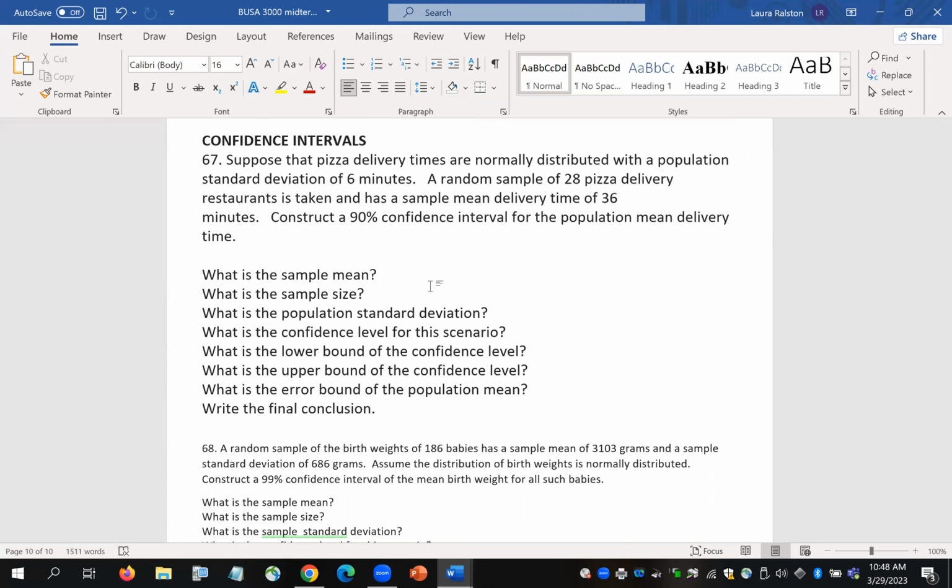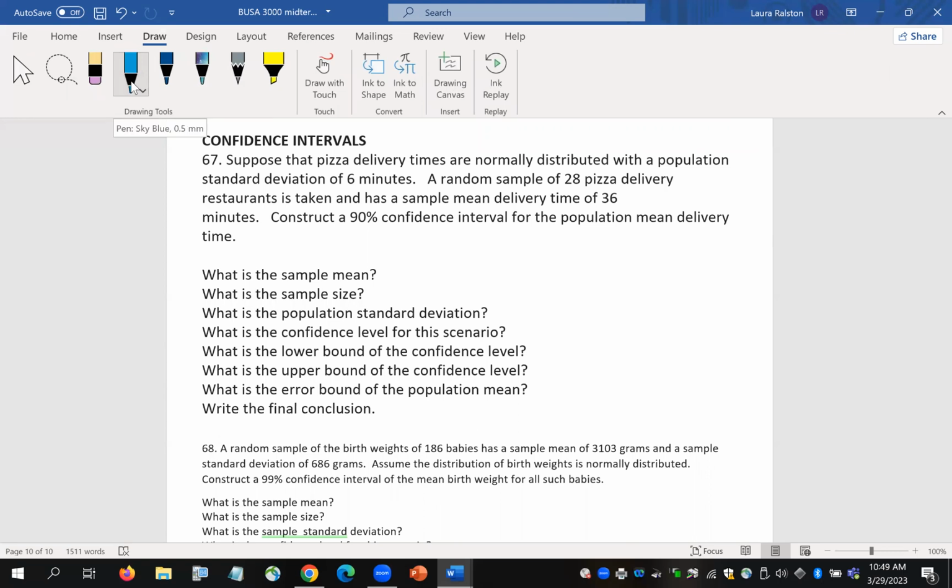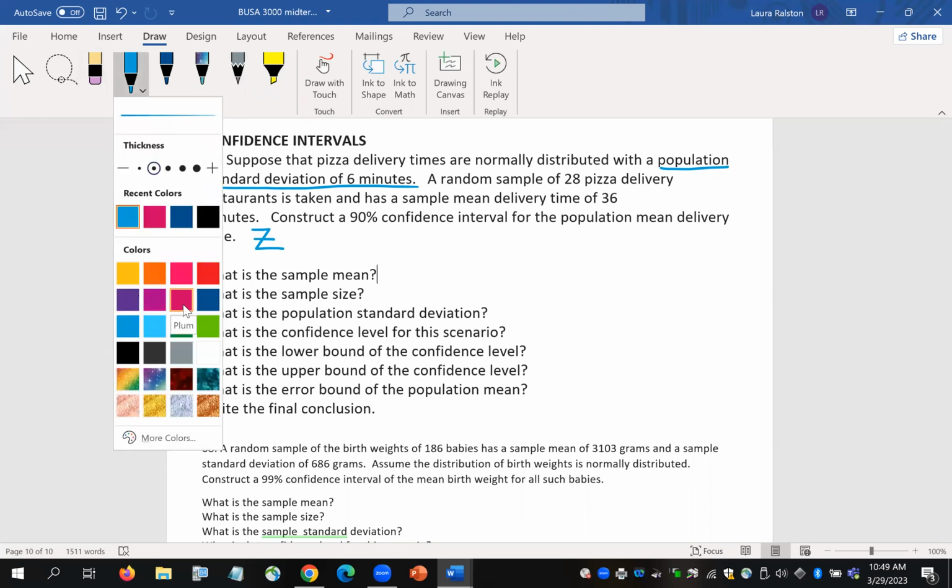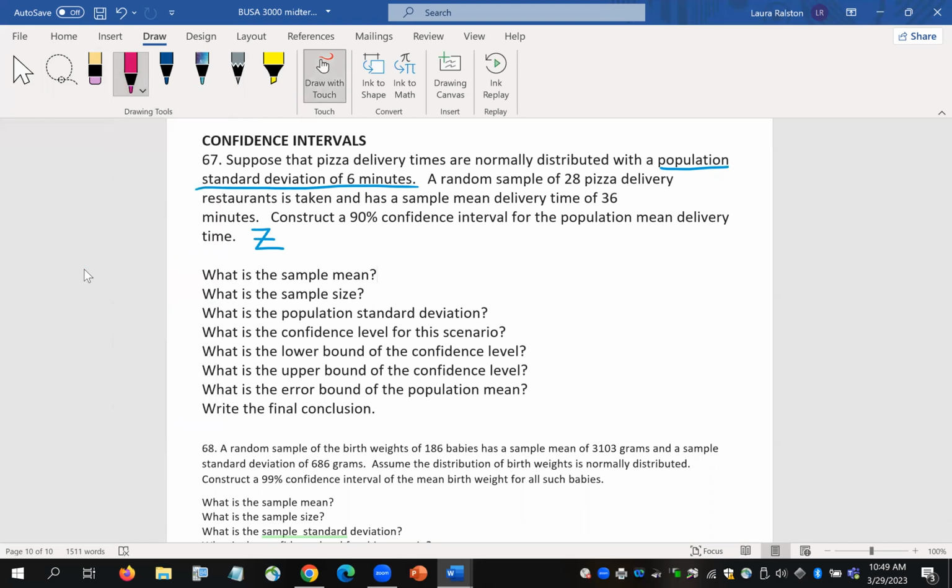Okay, the first thing that jumps out at me in this scenario is that it tells me the population standard deviation. The fact that I know the population standard deviation tells me that I'm going to do Z. Now, I walk you through a series of questions, and it says, what is the sample mean?